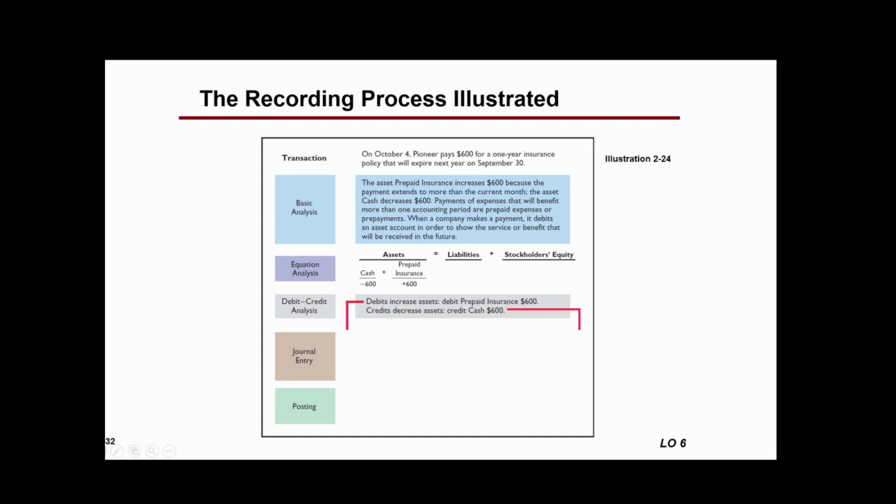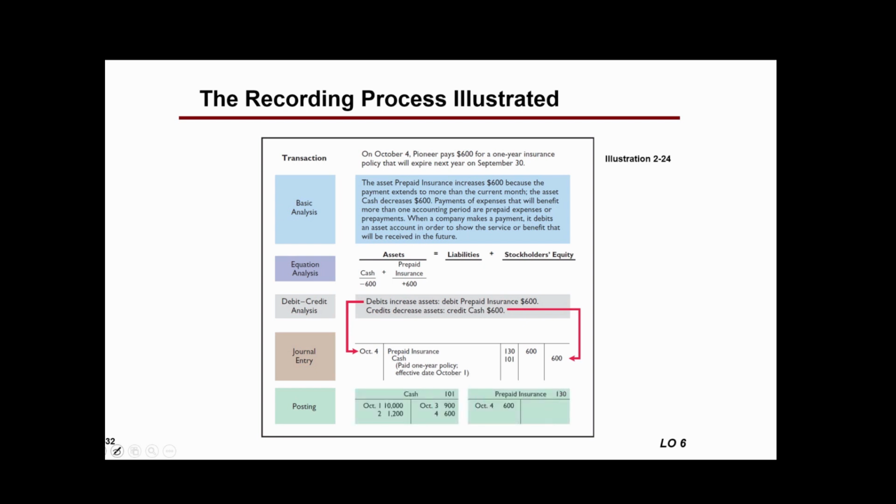So we debit that amount to prepaid insurance, and we credit cash. Okay? And then later on, once we finish with the journal entry, we post it to the ledger. Any questions so far? Okay.